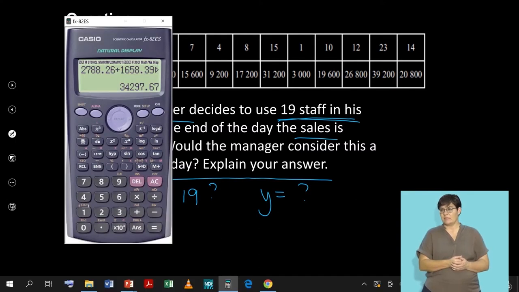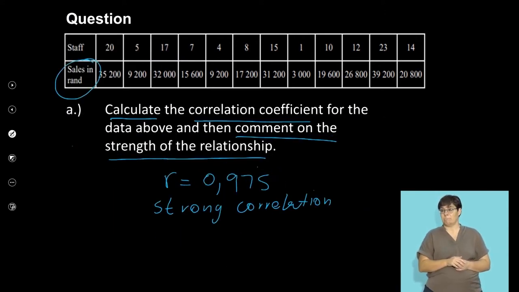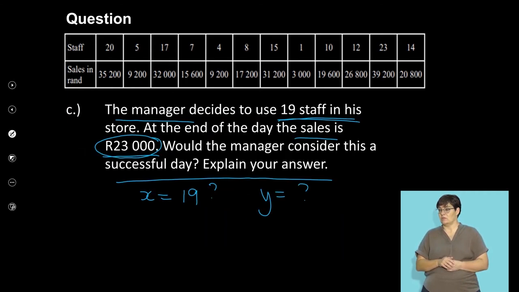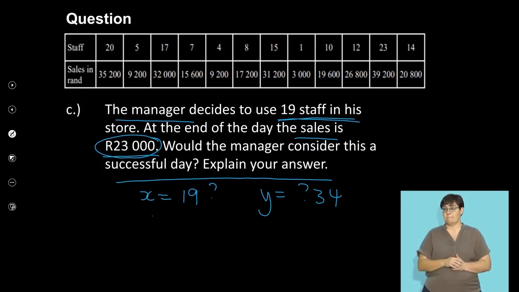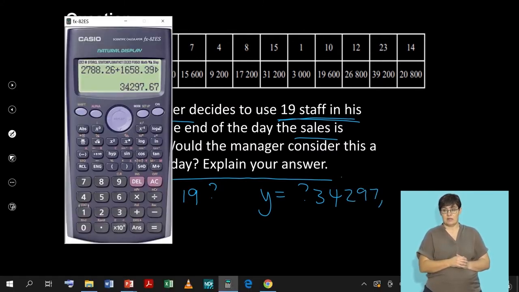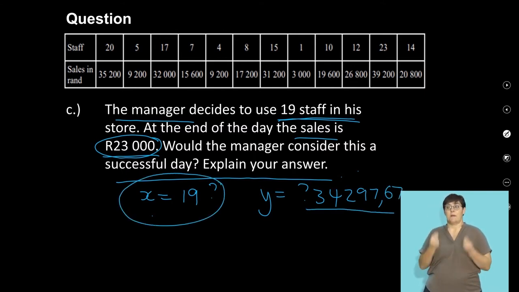We get 34,297.67. So we used our regression. Where we see X, we put 19. This is what we get.